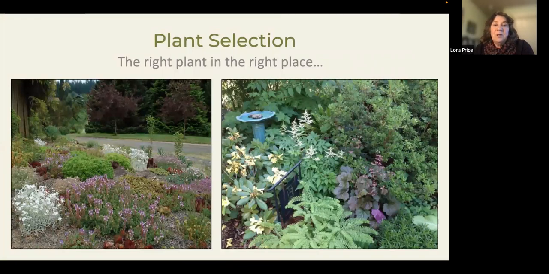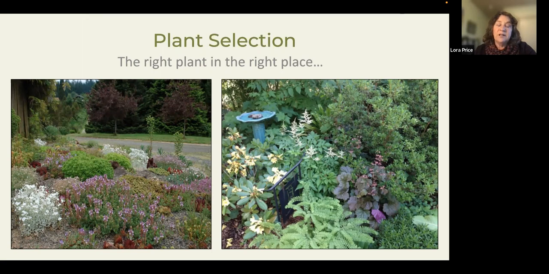So when we're thinking about plant selection, right plant in the right place is sort of the motto we use. And this gets back to plant communities that prefer the same conditions. This is just a couple quick examples. On the left, this is a very sunny front yard, and we're seeing a whole array of plants that are very drought tolerant and love that sun.